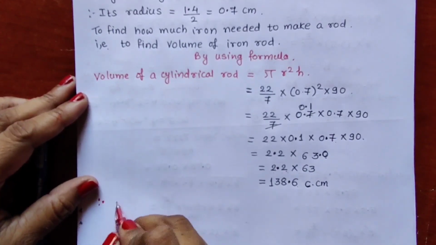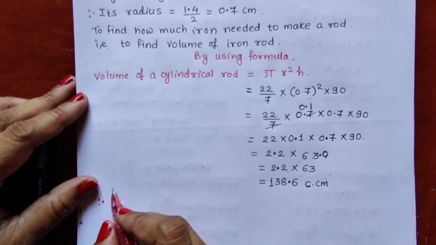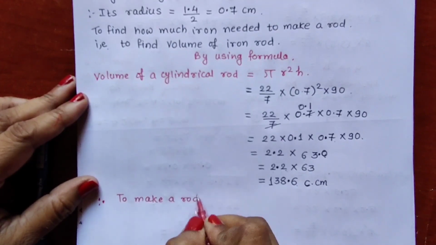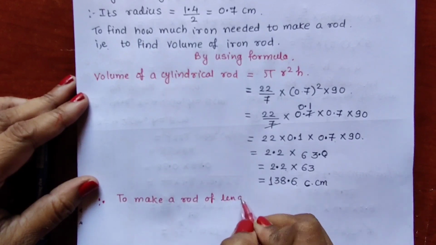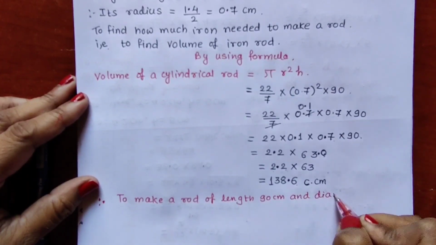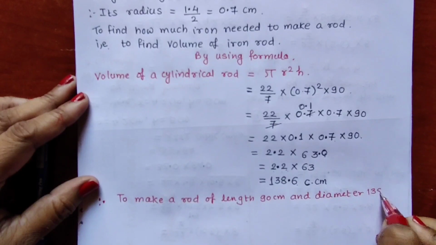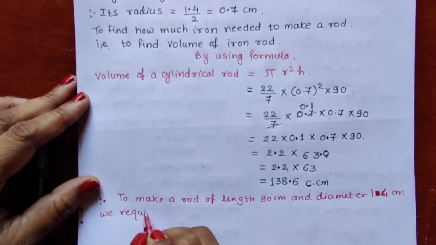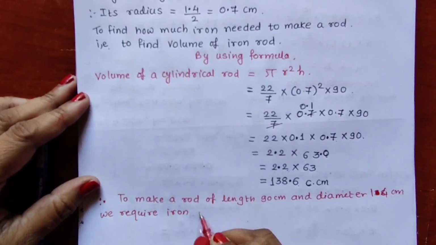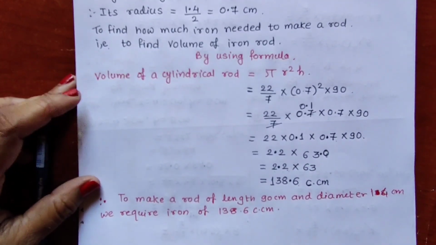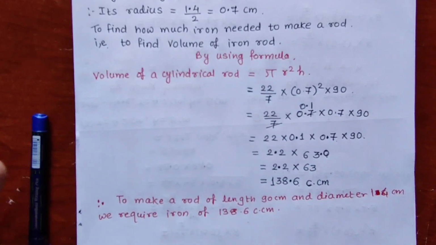Therefore, to make a rod of length 90 centimeter and diameter 1.4 centimeter, we require or need iron of 138.6 cubic centimeter. Okay, so this much iron is required to make the rod.